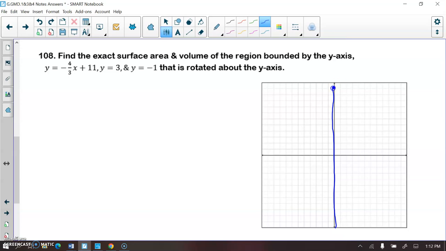So this has a y-intercept at 11, and then I go down 4 and over 3, down 4 and over 3, down 4 and over 3. So this line here, the line y is equal to 3, and the line y is equal to -1.